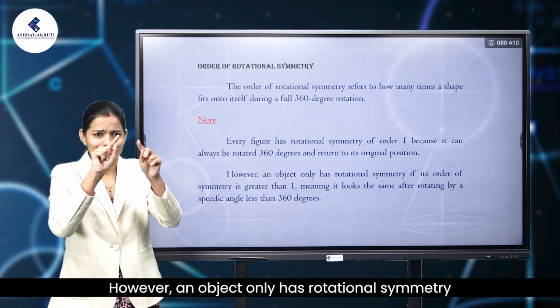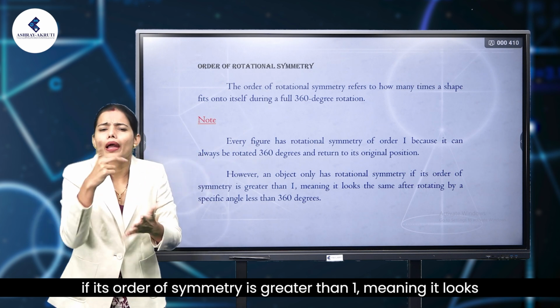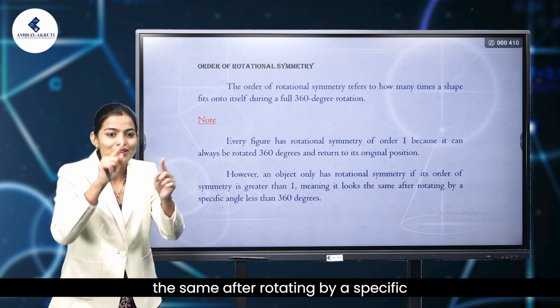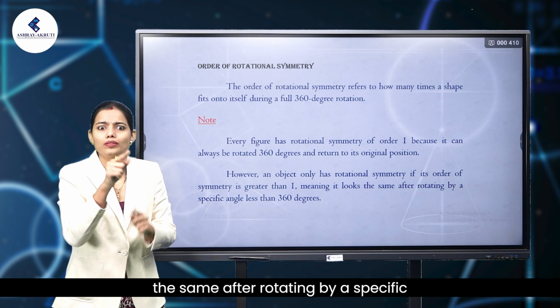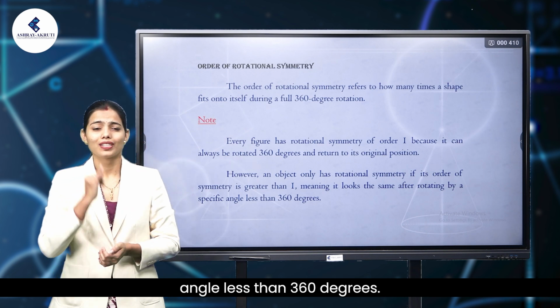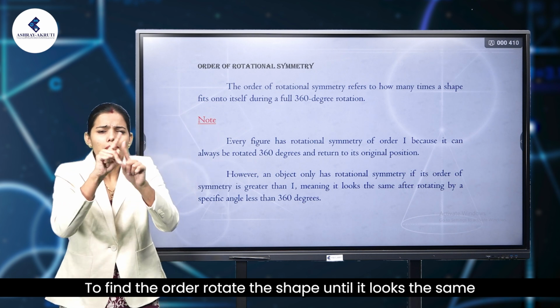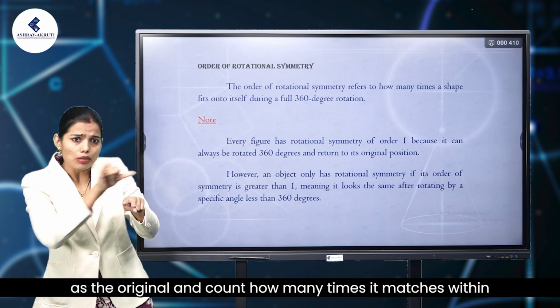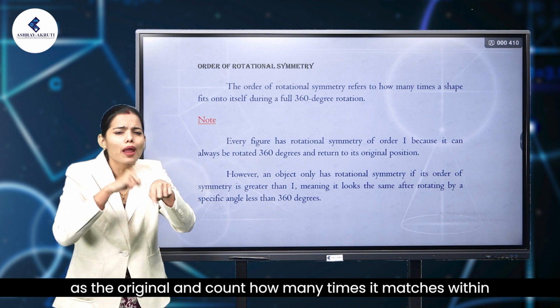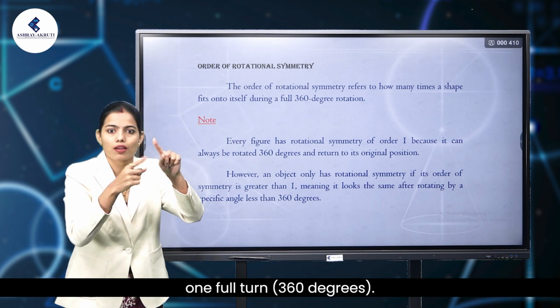However, an object only has rotational symmetry if its order of symmetry is greater than 1, meaning it looks the same after rotating by a specific angle less than 360 degrees. To find the order, rotate the shape until it looks the same as the original and count how many times it matches within one full turn, 360 degrees.